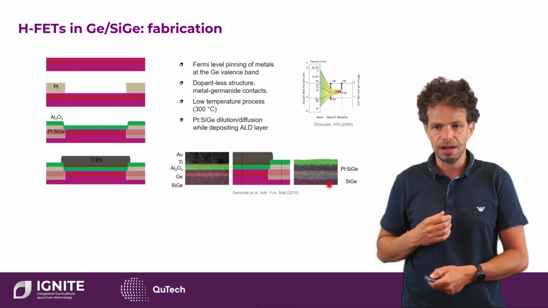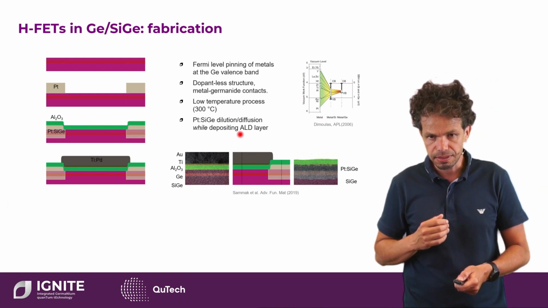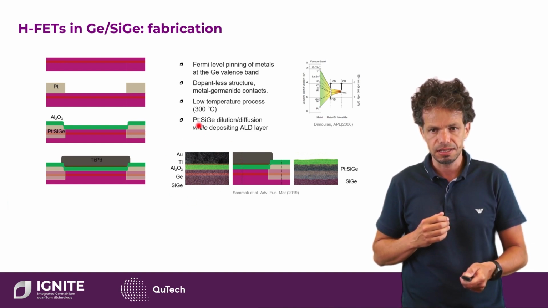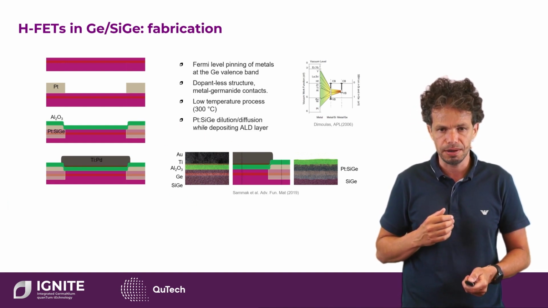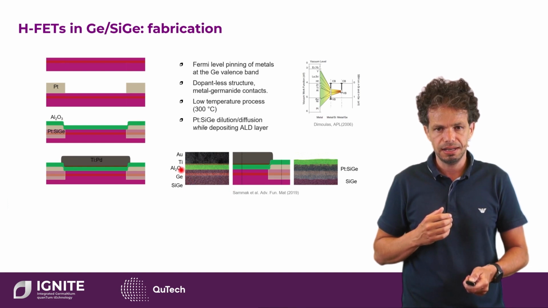So here in the bottom right of the screen, you will see schematics and a cross section in 2 points of the transistor. Below the gate stack, here on the left, you see a nice electron microscope image where you can recognize the sharp germanium quantum well embedded in silicon germanium. And then in green, you will see the oxide layer and then the gate stack on top.